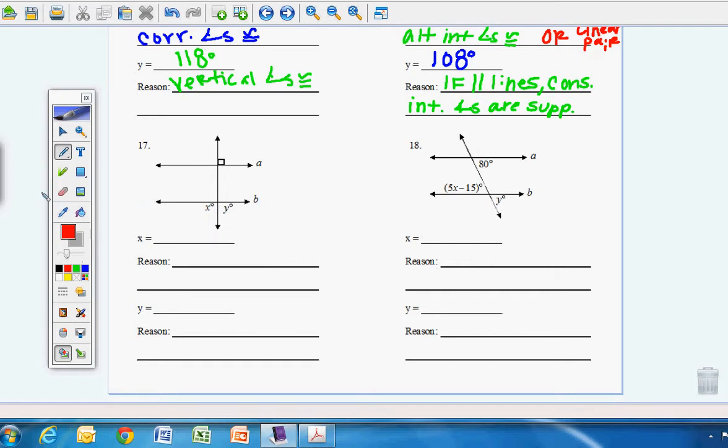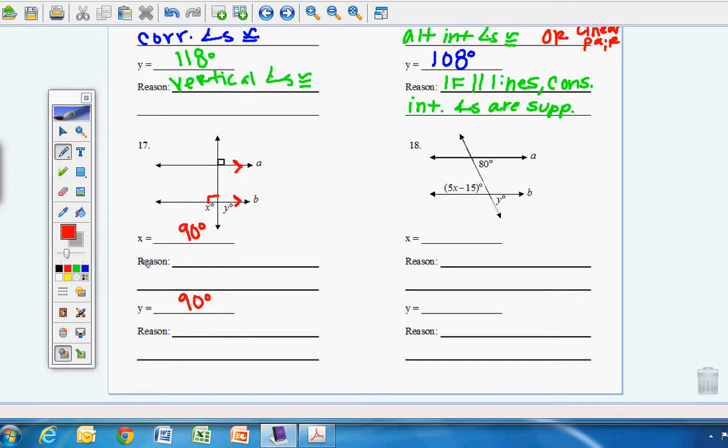All right, number 17 and 18. So I have A and B, we know are parallel, and I know that this transversal is coming in as being perpendicular. Okay, so X and Y, what are those going to be? Well, if this is perpendicular to A, then it's also going to be perpendicular to B. Okay, so I know X is going to be 90 degrees, and Y is going to be 90 degrees. Okay, this is creating a 90-degree angle.